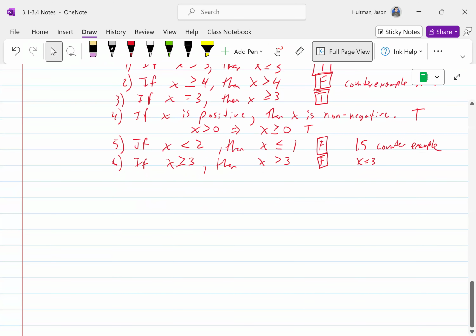Consecutive integers are integers that follow one another, one after another.